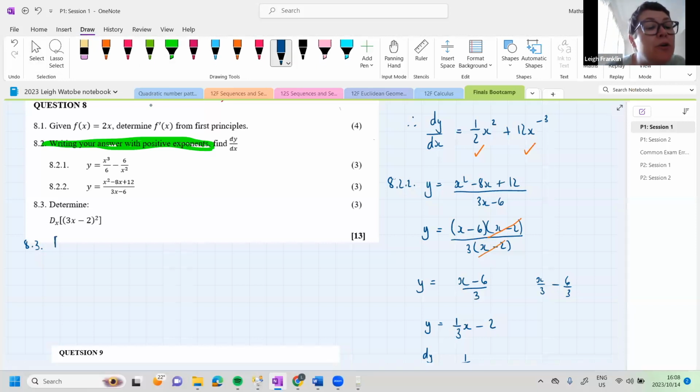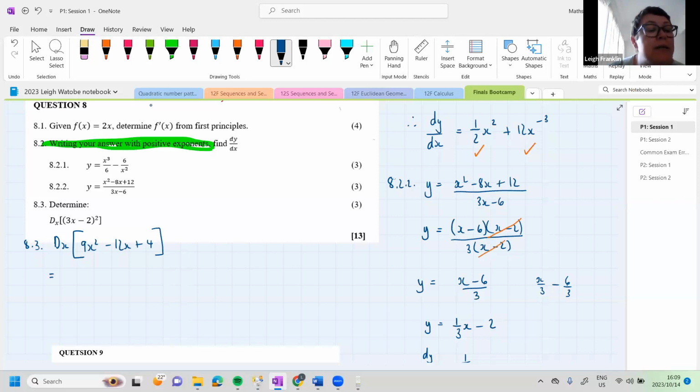So for now, I'm not differentiating. I'm keeping my notation, just like I kept my y previously. And I'm squaring a binomial. So I'm doing FOIL. So I'm going to end up with 9x squared minus 12x plus 4. Okay, I'm now ready to differentiate because my brackets are gone.